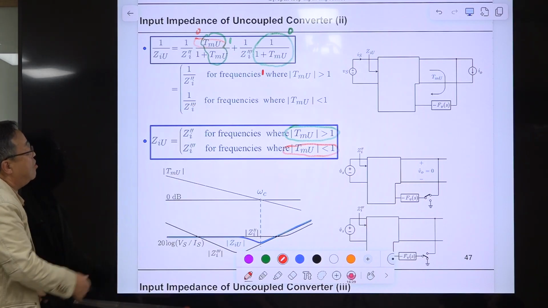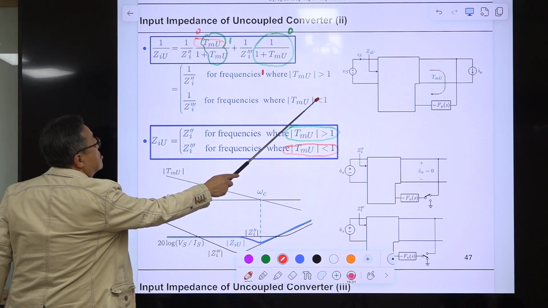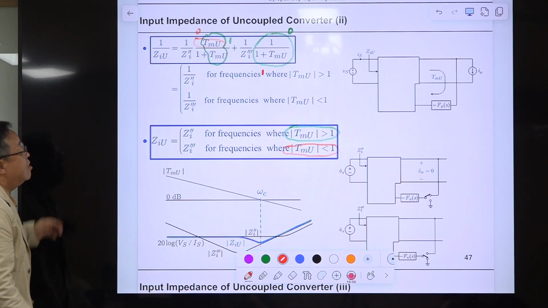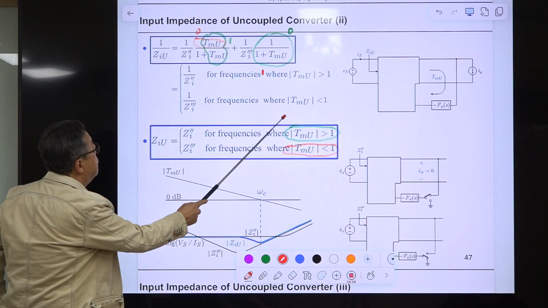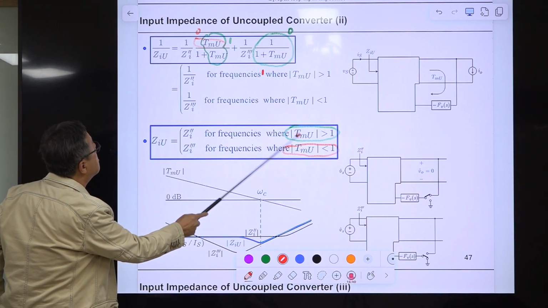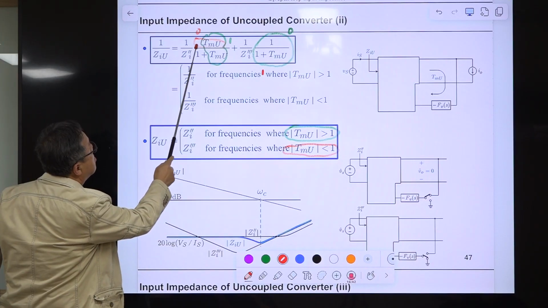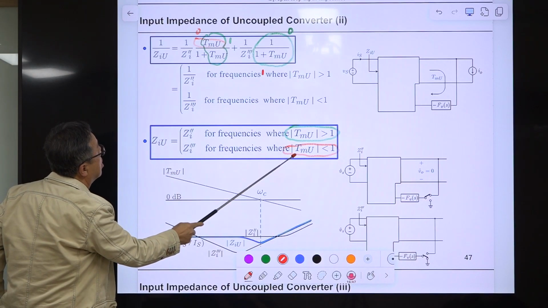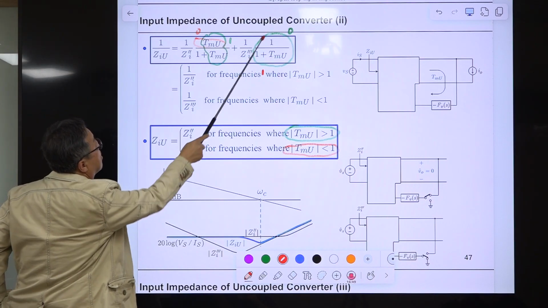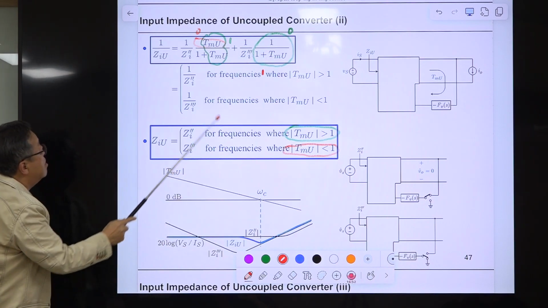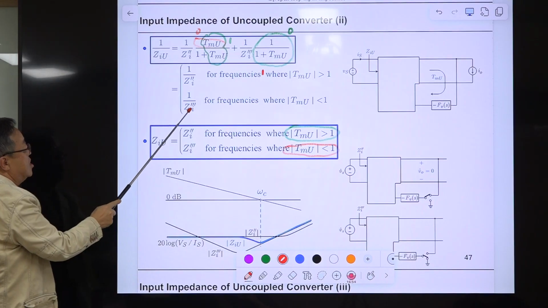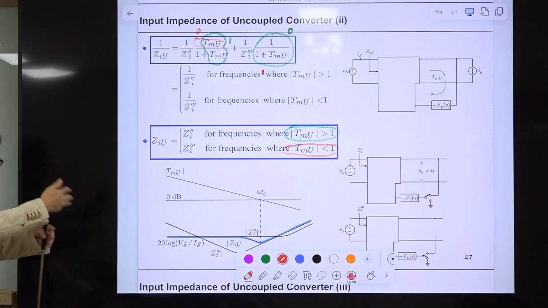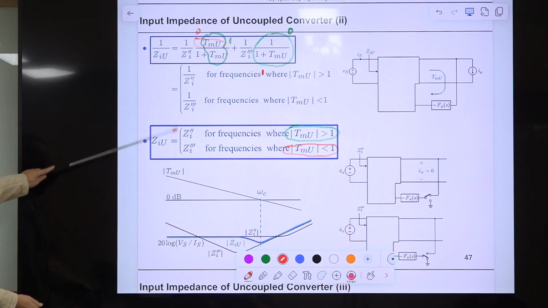And after that, where this is smaller than 1, maybe much smaller than 1, this becomes 0, and this becomes 1. Then remaining is 1 divided by GI prime. So you swap the numerator and the denominator, then you obtain this.